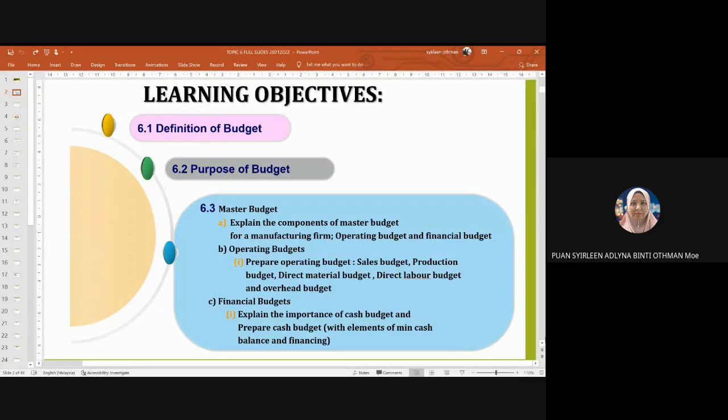But once you entered lab, we are going to use Microsoft Excel untuk buat budget. So maksudnya dekat sini you kena prepare your own table using the Excel software. Lepas tu kita akan buat peniraan semuanya di dalam Excel. And then you need to link one sheet to another worksheet.